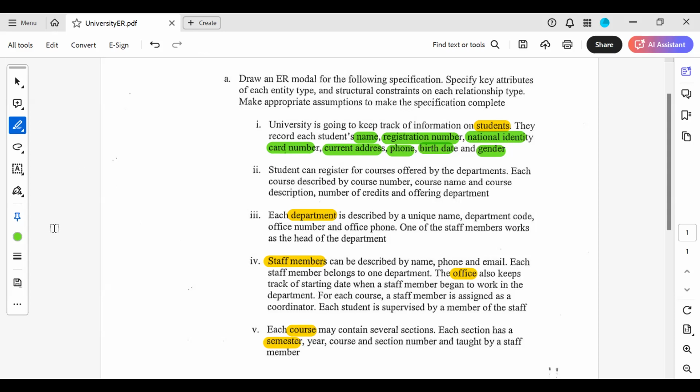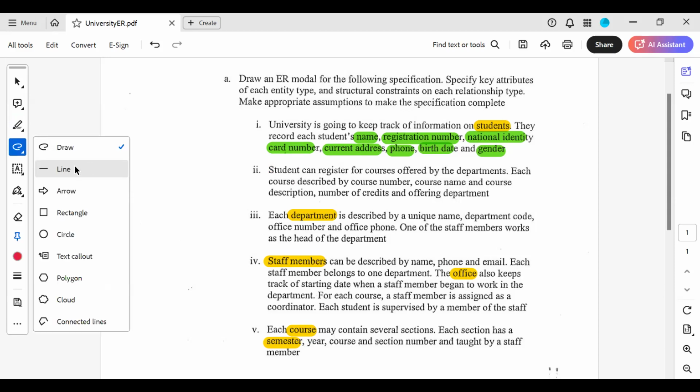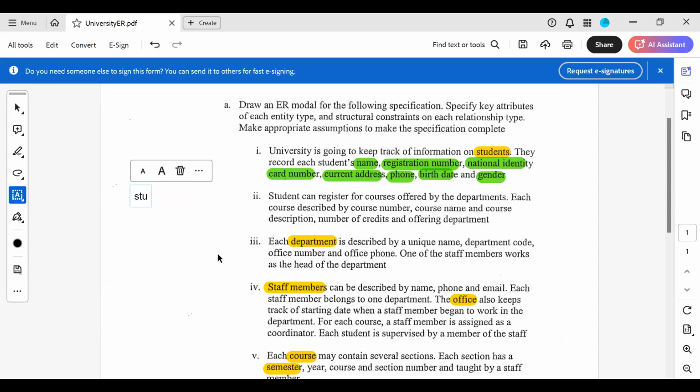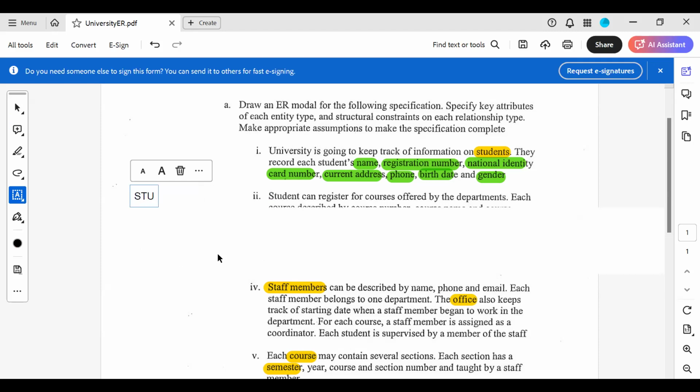So ideally, in the diagram, what you can do is put student in a rectangle. So we can say, okay, student. Hopefully I can type in capital.